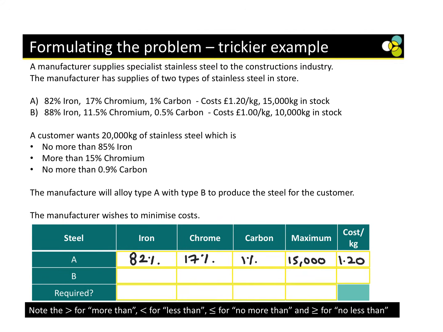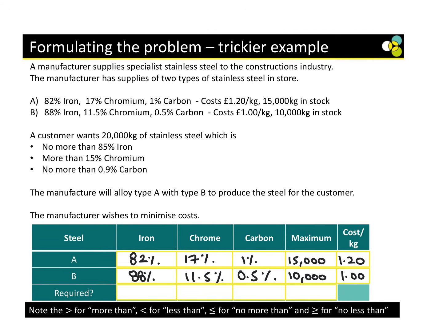Can you see how I've put that in a nice table? The second one, we've got 88%, 11.5%, 0.5%. There's 10,000 available, and it's going to cost £1.